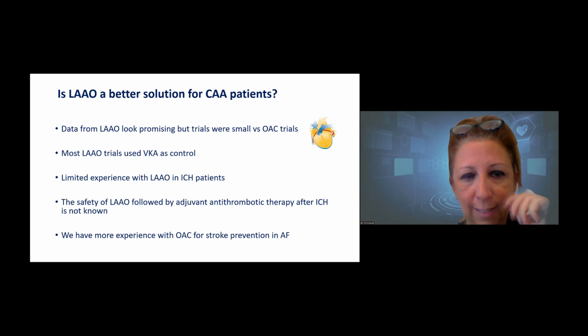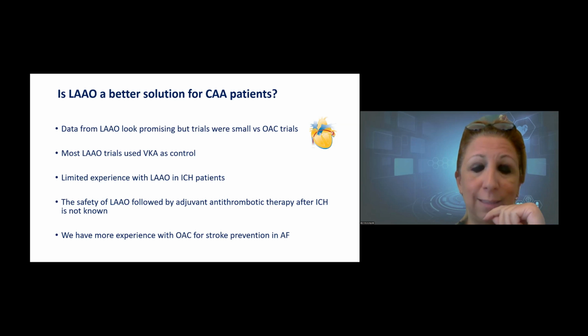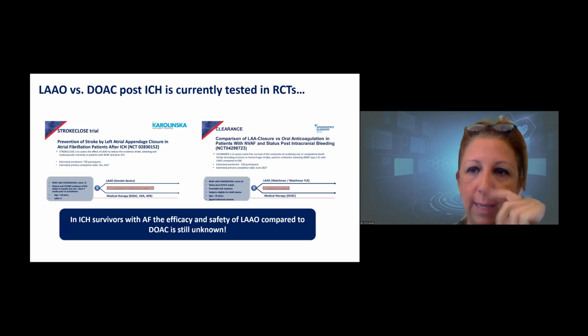However, trials on left atrial appendage occlusion are very small compared to the large oral anticoagulation trials that included thousands of patients. We should also keep in mind that most left atrial appendage occlusion trials used VKA as a comparator, which is inferior to DOAC in terms of bleeding risk.